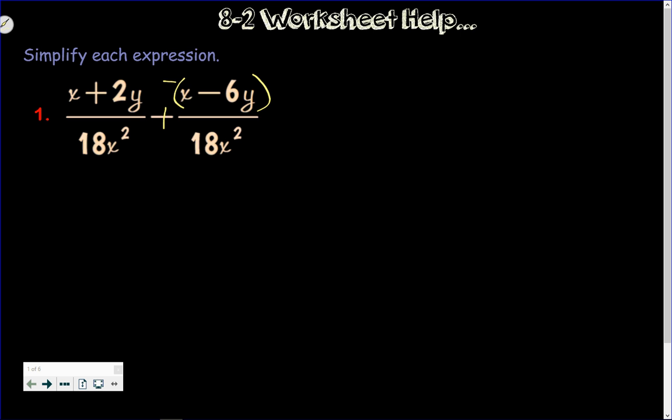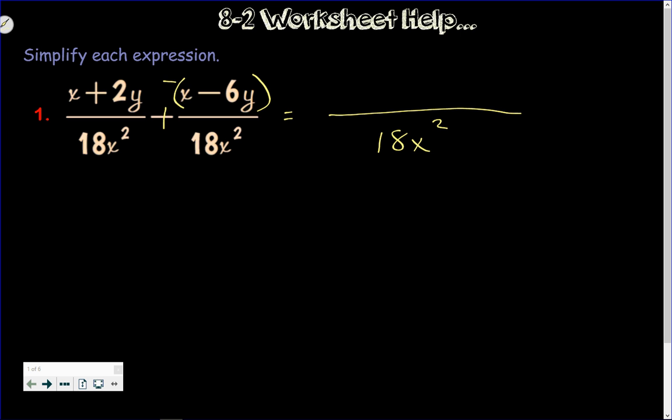Go ahead and do that right off the bat. You're going to change minus to a plus, and then put in parentheses right here. Now, since my denominator is the same, I can include that on the bottom.